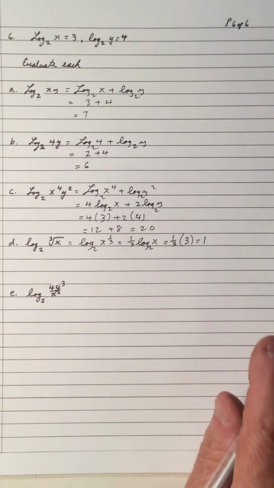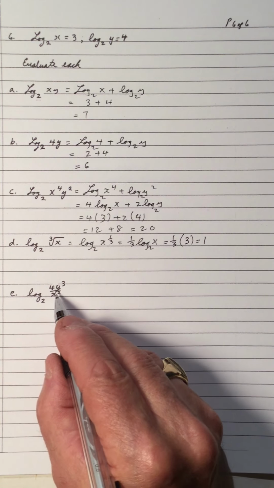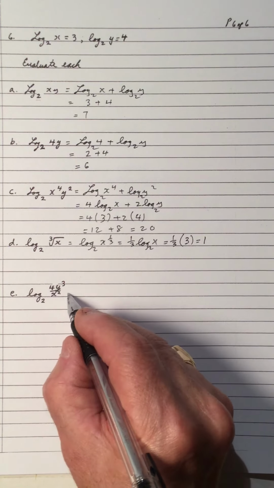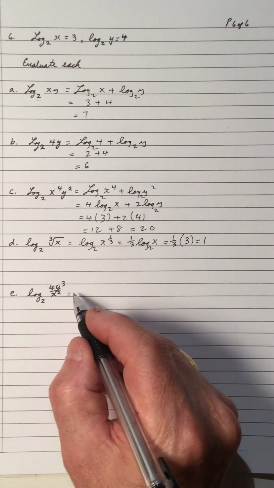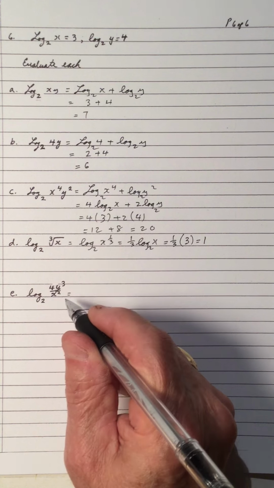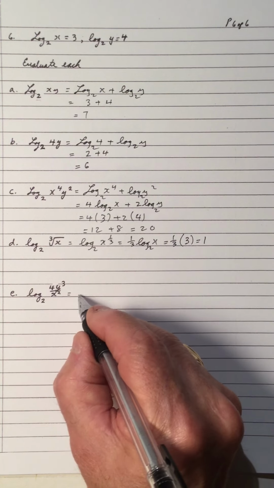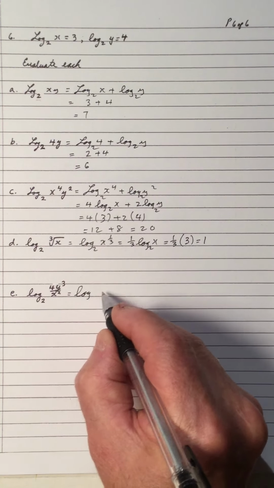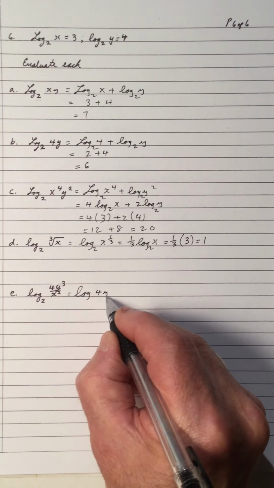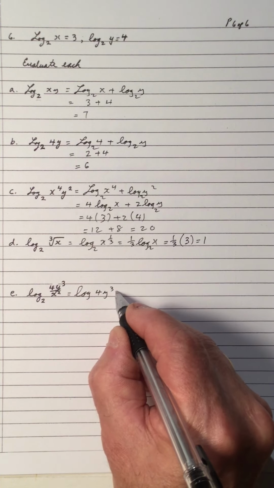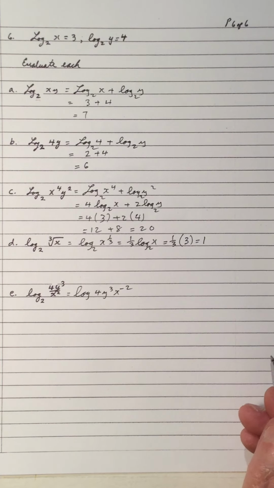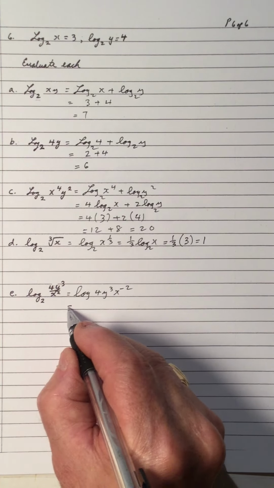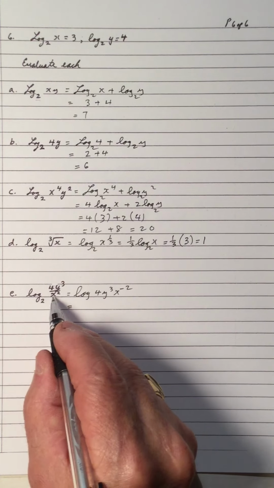And one more to do. We got to find the value of this one. We have 4y cubed, and this is x to the negative 2.